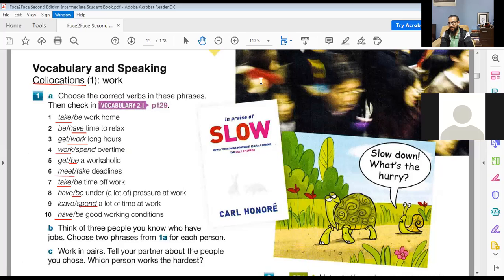Yes, I didn't have time to relax. I had to work long hours, more than 30 hours continuously. Continuously? Yes, because of a 24-hour duty and then maybe overtime the next day. I was under a lot of pressure all the time at work.